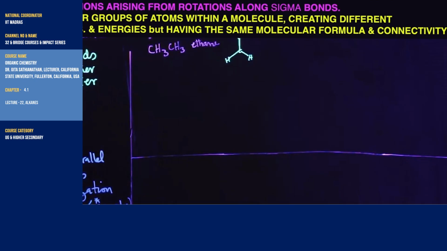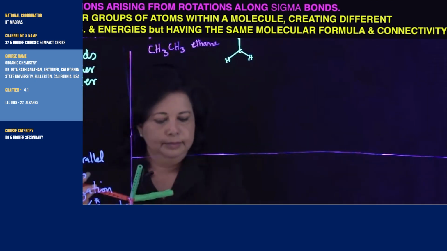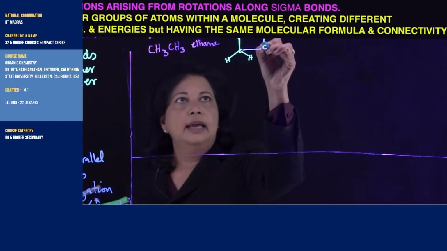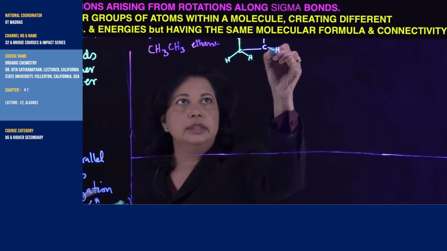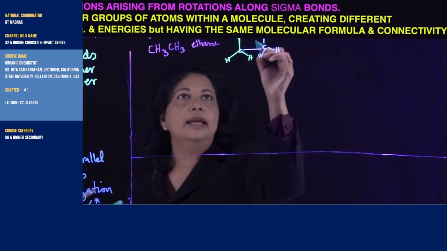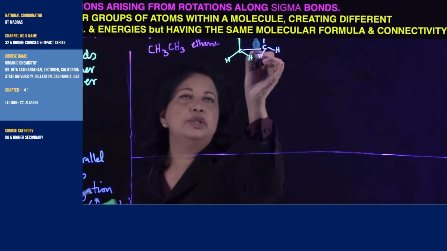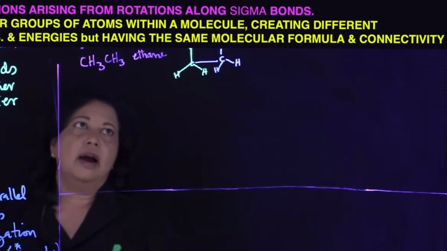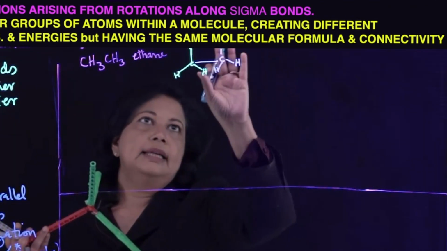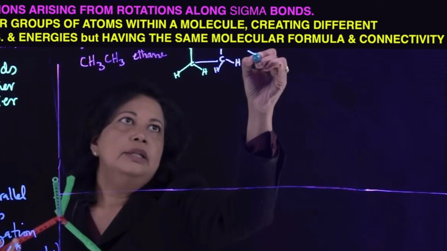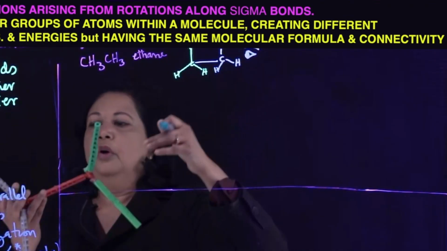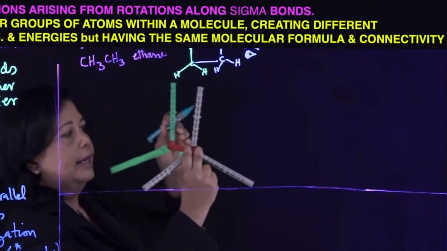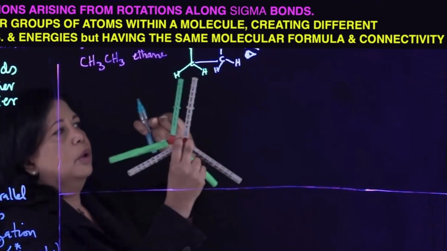And the back is again going to be a carbon with three hydrogens. The angle between this hydrogen and this hydrogen is called the dihedral angle. Again, it's hard to see what the angle is when you draw it like this. So you have a view from right where you are. This is a dot, and the back carbon we draw as a circle.